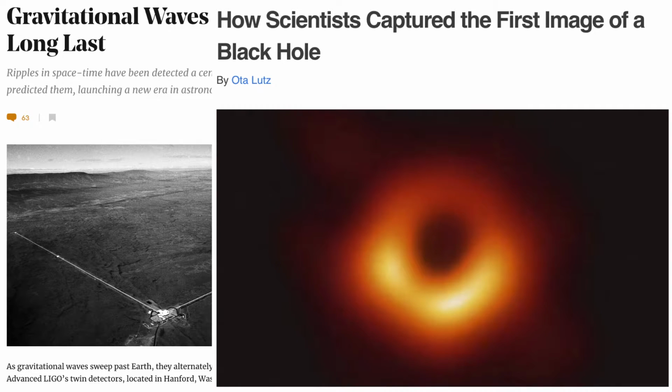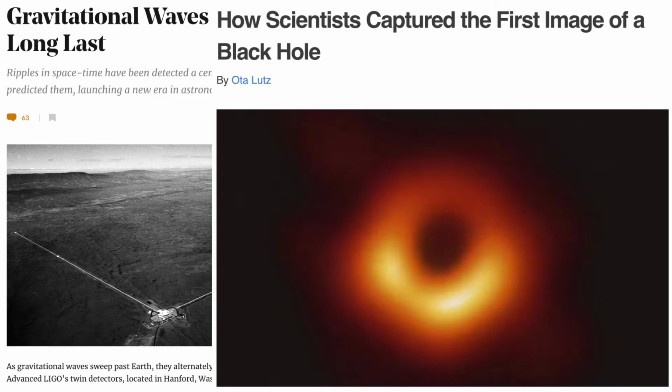You may have also heard of this more recent news of scientists capturing an image of a black hole. The interesting thing about the black hole is that, because black holes are so small, if you wanted to build one telescope to take this picture, you would need the telescope to be the size of the Earth, which is not that practical.